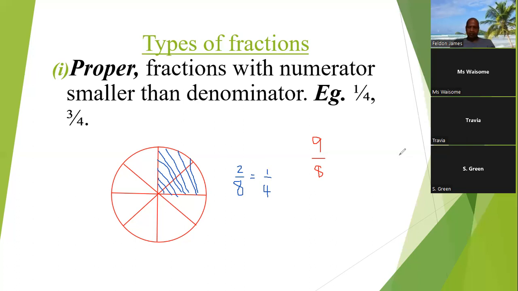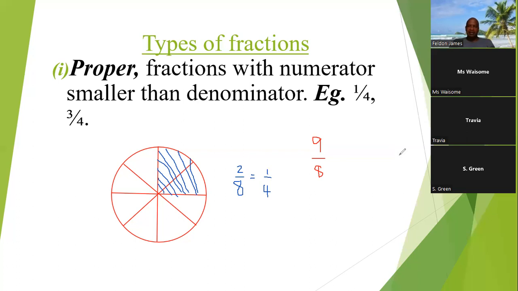Anybody? Can we share one pizza and get 9 parts out of 8? No, sir. So how can we get 9 parts out of 8? Sir, that would give a mixed fraction.